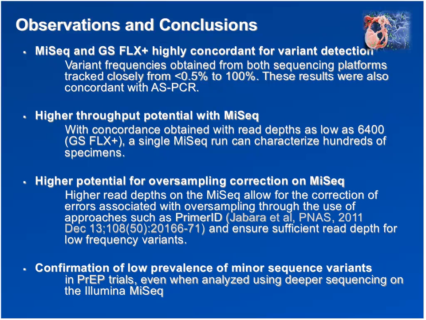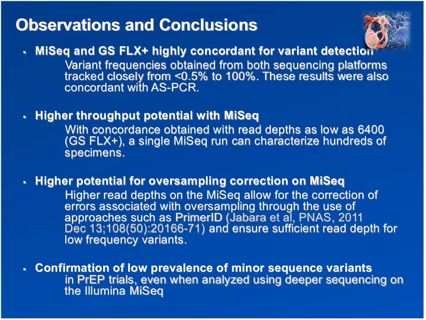By extrapolation, basically you can come up with the idea that, well, if you don't need 100,000 reads to be confident in your variant frequency identification, then you can run many more specimens, many more amplicons, many more samples, possibly up into the hundreds of samples per MiSeq run, and achieve the same accuracy and confidence in variant frequency identification.